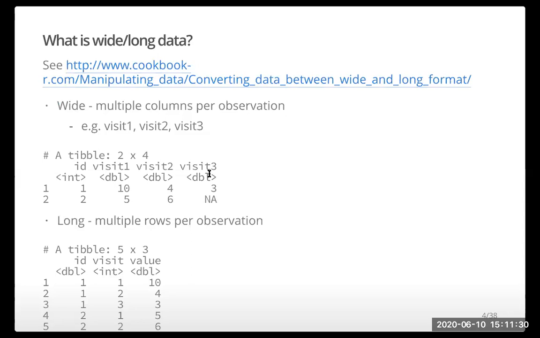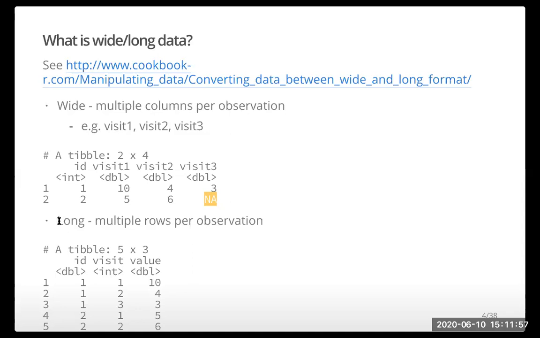They're usually consistently named, except maybe sometimes it's baseline visit, visit 1, visit 2, visit 3, and then last visit. So many people think of wide data as looking like this, where we have ID 1 and 2, and we have visit 1, visit 2, visit 3. And for example, ID number 2 either is missing visit 3 or hasn't gotten to that follow-up date yet.